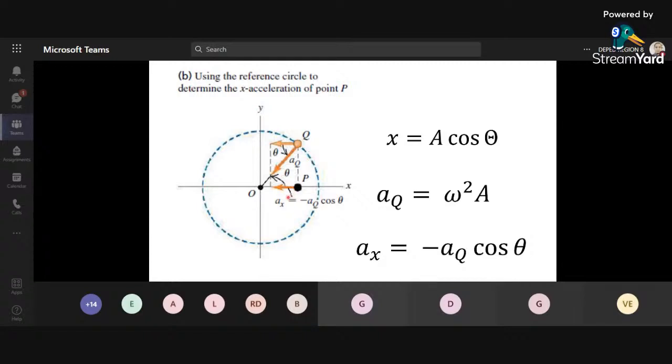All right. So if we combine these two equations, what we will get is that the acceleration of this point here, point P, is equals to the acceleration of Q multiplied by the cosine of the angle.